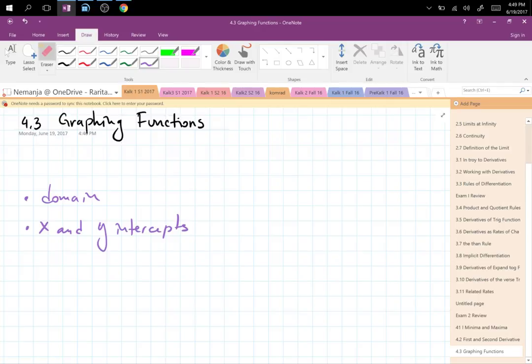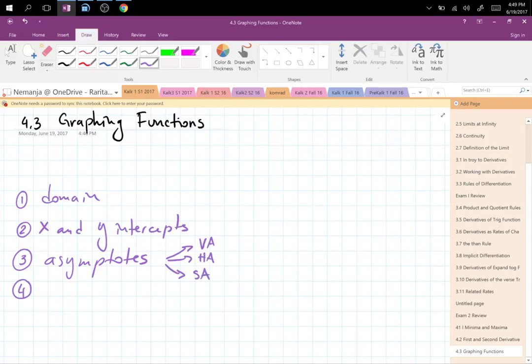Maybe I should number these. So number 1, number 2, number 3. We are talking about 3 types of asymptotes. We have vertical, horizontal, and slant asymptote. So 3 types.